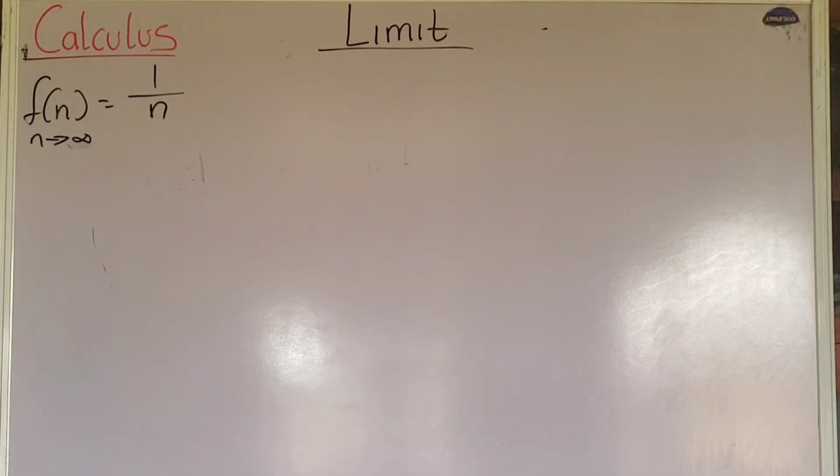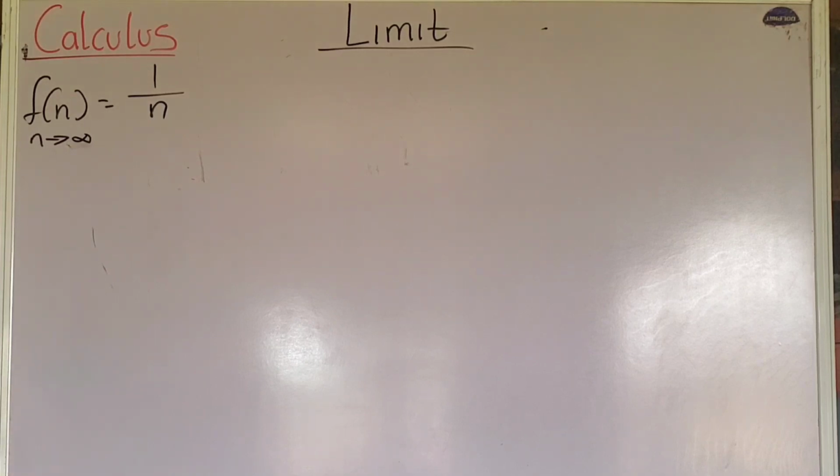Now, let's look at the function on the board. F of n is equal to 1 over n. Because infinity doesn't have a value, let's assume that the value of infinity is large, maybe 1 million.